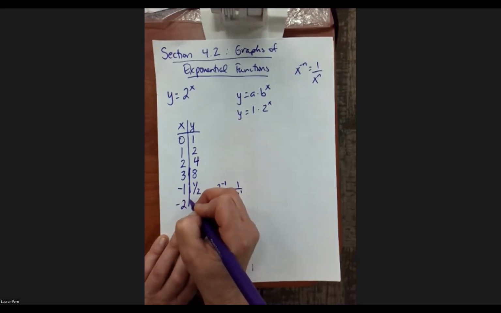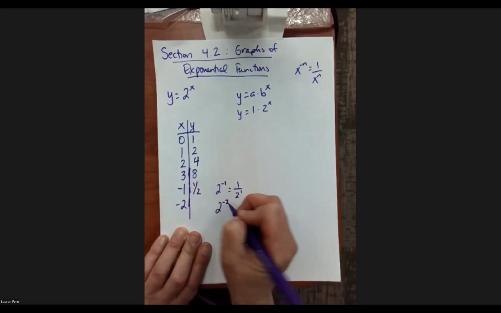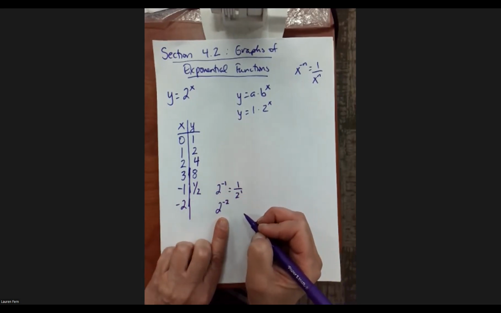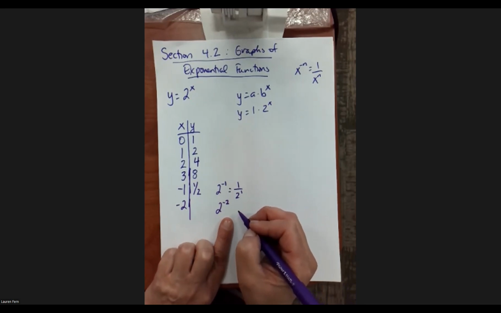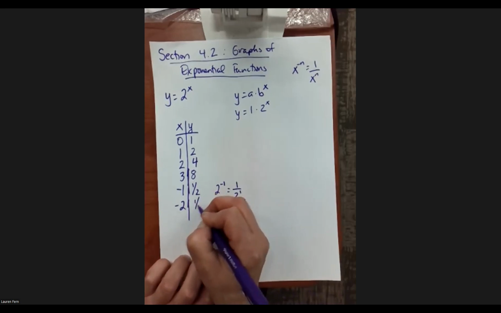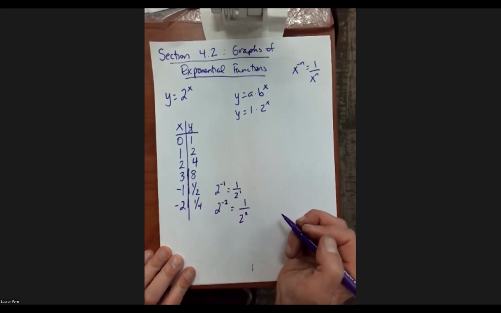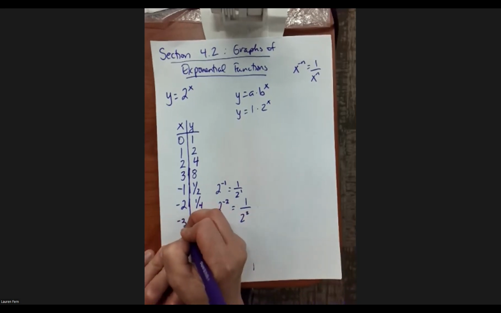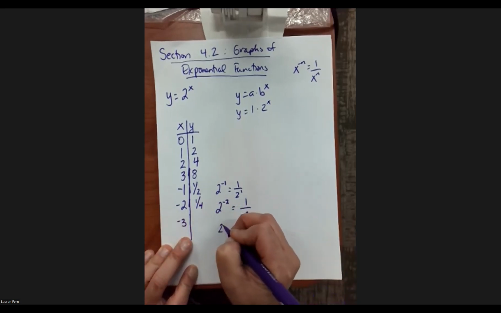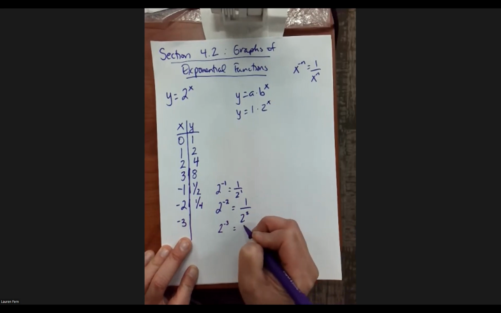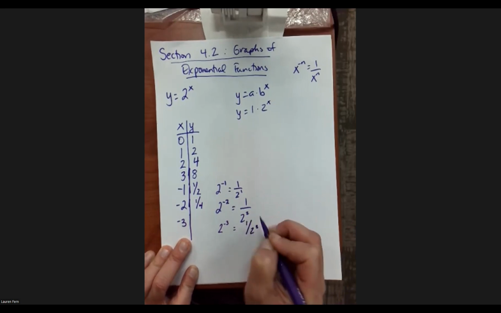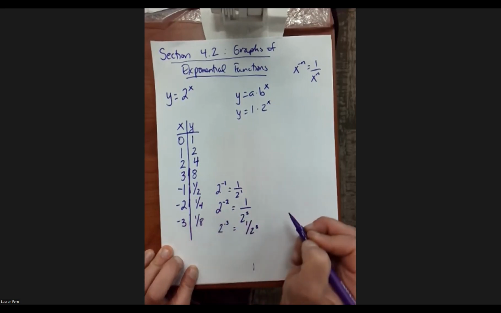If I plug in -2, I'm looking at 2 to the negative second power. How do I write that with a positive exponent? 1 over 2 squared. So don't we get 1/4? I could plug in -3. Then I'm looking at 2 to the negative third power, which is 1 over 2 cubed, or 1/8.